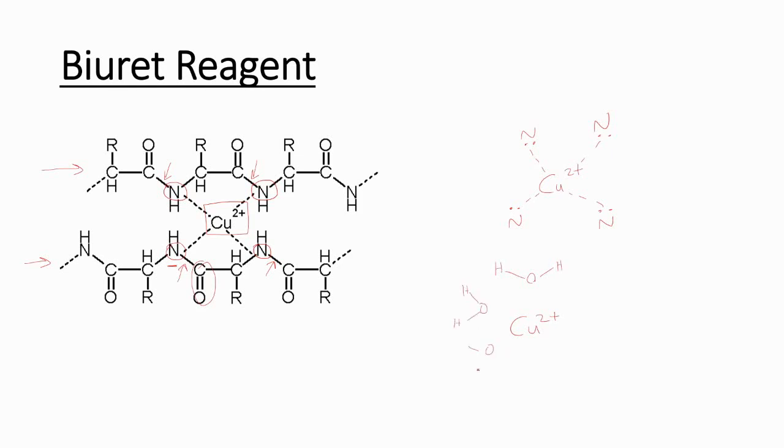And this gives rise to the characteristic blue solution that we find in Biuret and Benedict's reagent. And so, if we replace the water molecules with the nitrogens from the protein, then you will see that the complex ion that we form is going to be very different. This does result in a color change, and this complex here is going to be mauve.